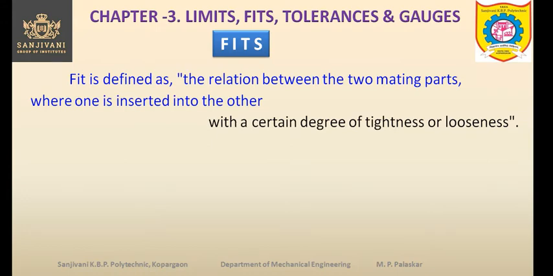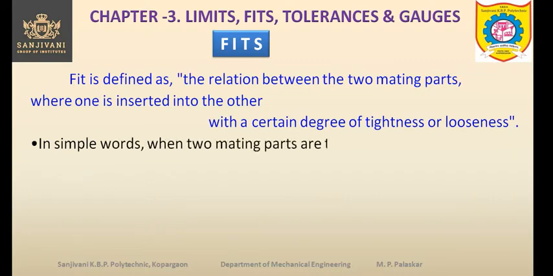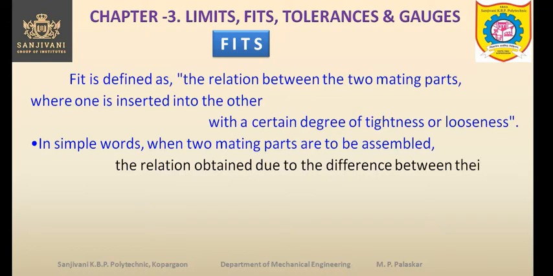We have two mating parts and there is some relation between these two mating parts. One part is inserted in the other part and while inserting there is some tightness or some looseness depending upon the functioning of these two parts. So when two mating parts are to be assembled, the relation is obtained due to the difference between their sizes.